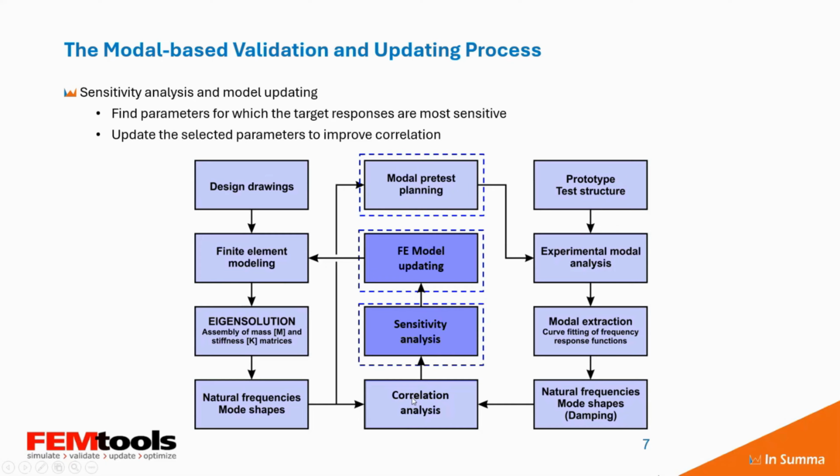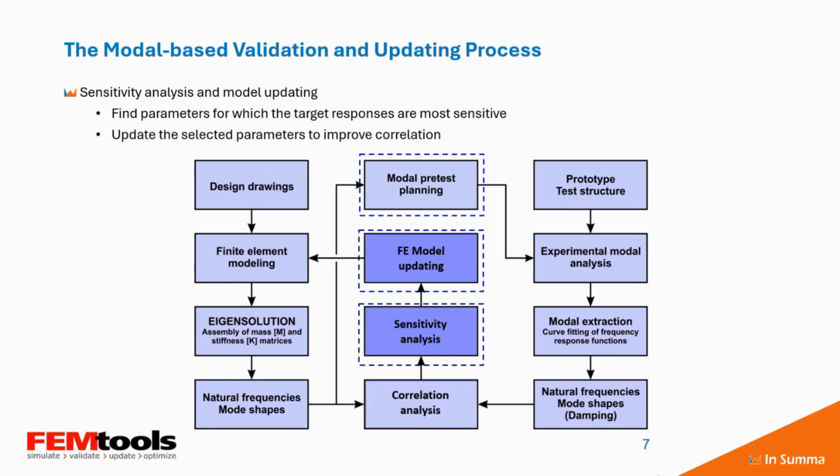So assuming there is a gap to close, I think it's in practice very exceptional that correlation analysis would be satisfactory from the first round. But the correlation can be improved by modifying input data to the FE model.